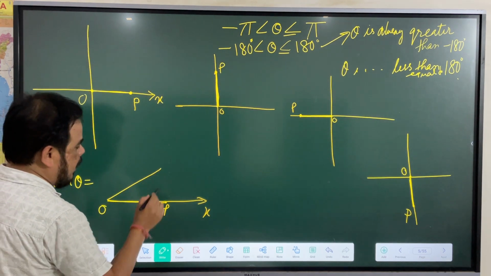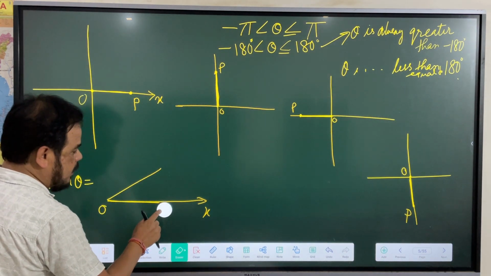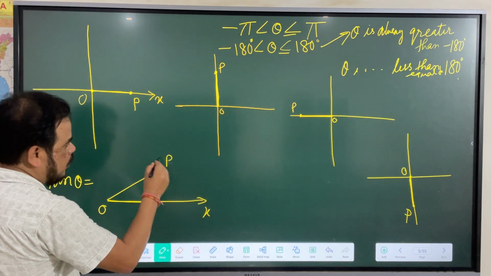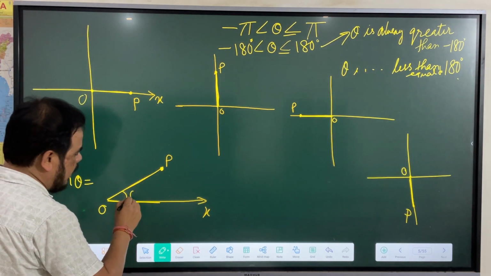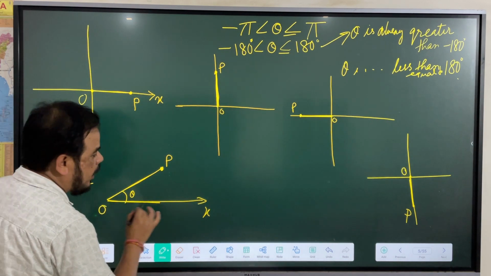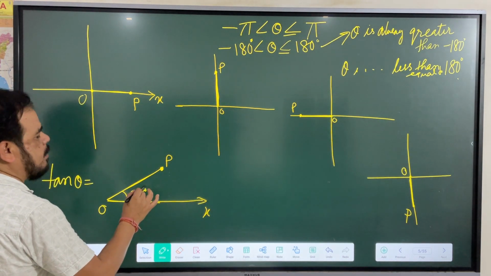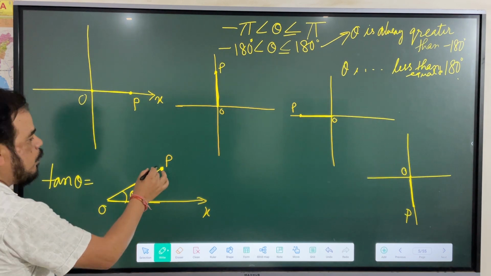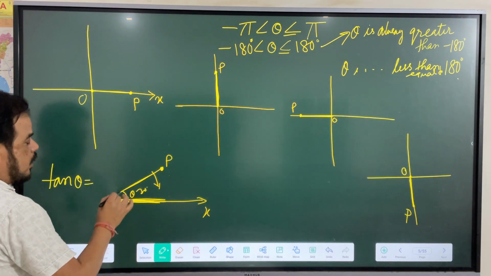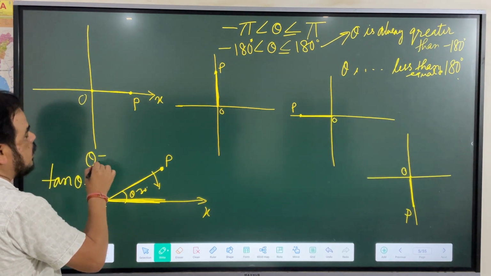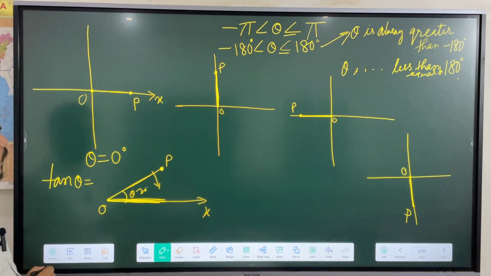If P is somewhere else, suppose I have taken a point P here and OP is joined, this is the angle formed by OP with OX. That will be 30 degree, maybe 45 degree, whatever it is. But if OP is on OX itself, then theta will be 0 degree.